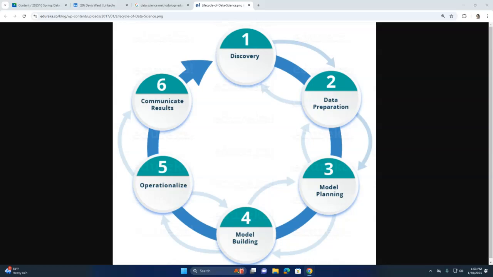And then you've got the model building. Now this is where the actual work starts. And this model building is where you want to be going into April, as you're approaching spring break, which is about the last week in March. You want to be ready to start building and doing your analysis.